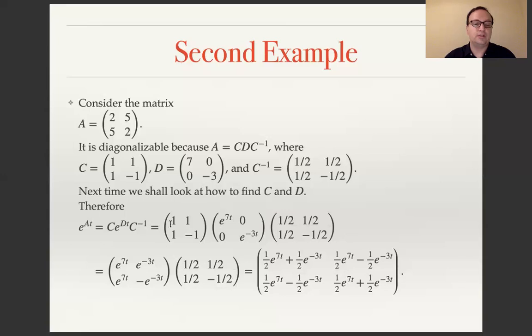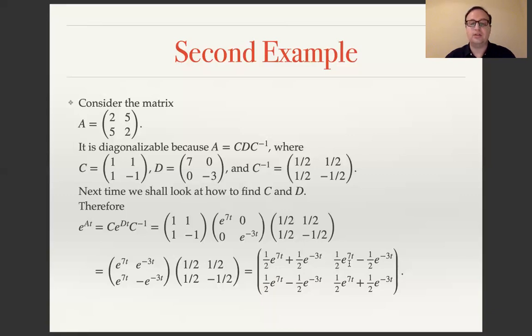The product of the first two matrices is the matrix with components e to the 7t, e to the minus 3t, e to the 7t, and minus e to the minus 3t. And then when we take the product with the third matrix as well, we get 1/2 times e to the 7t plus e to the minus 3t.